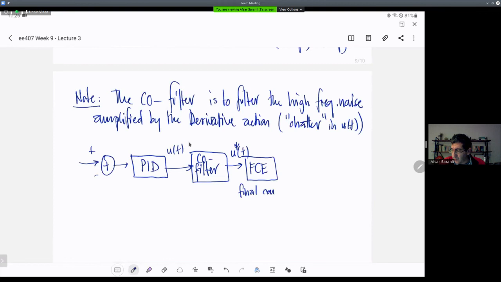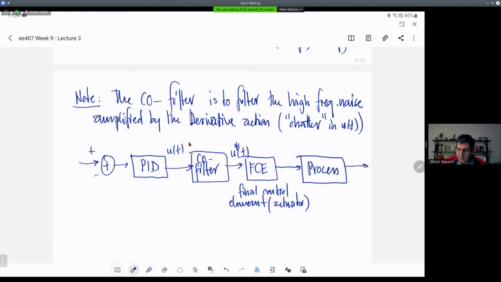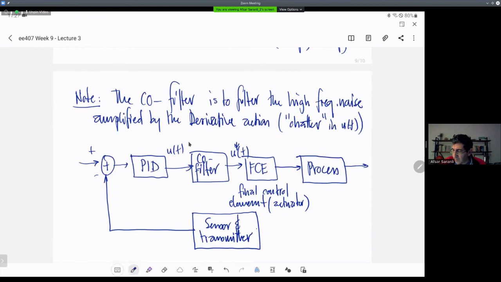You can call this the actuator as well. So you drive the process, and you measure the response. So you have sensor and transmitter over here, coming from the output y of t.